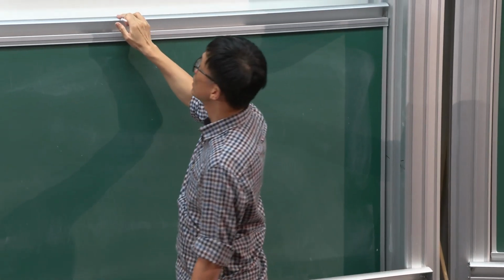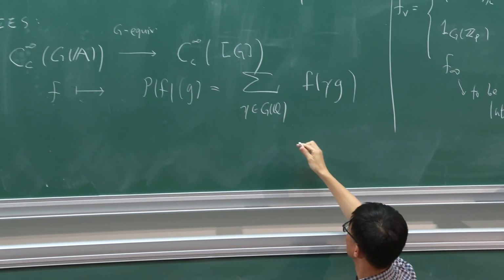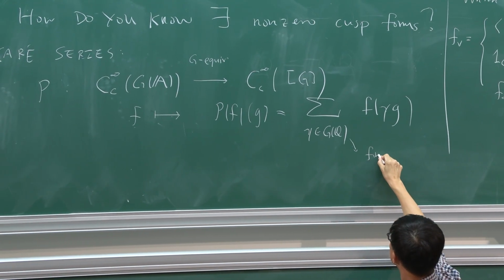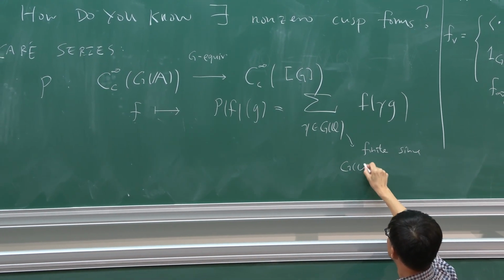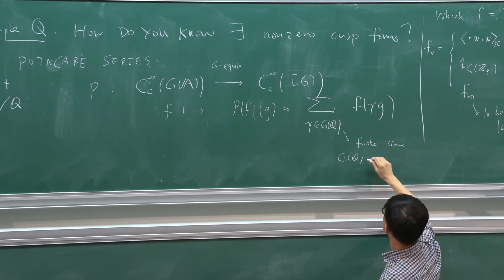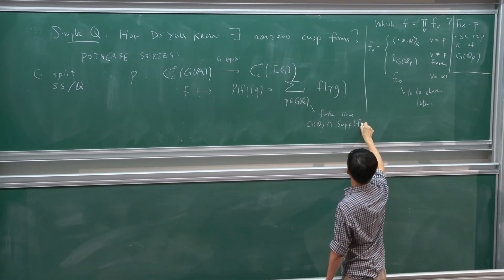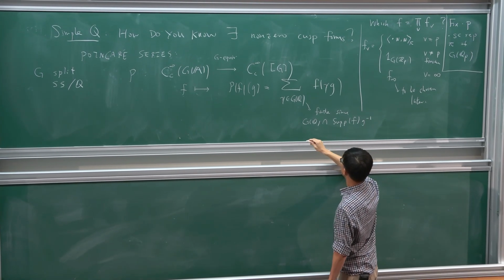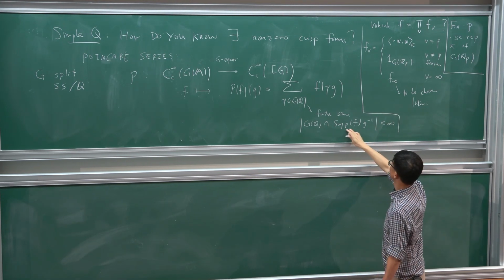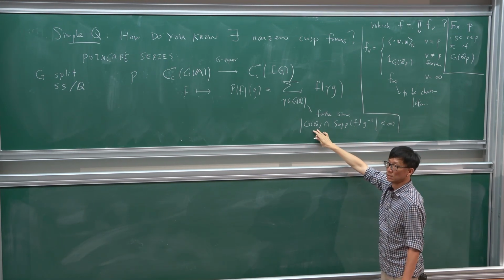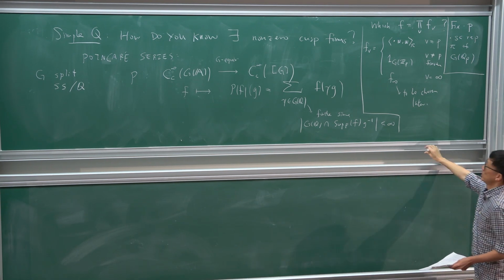Maybe I should say that the point is that even though this is an infinite sum, actually the sum is finite. The reason is that for any fixed g, this thing is finite, because this is some compact set and this is discrete, so the intersection is compact and discrete.